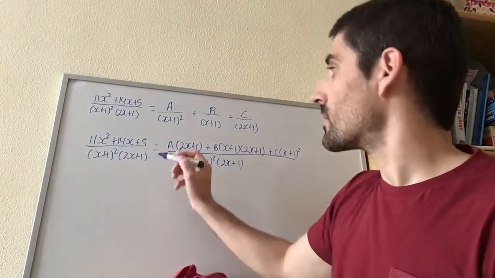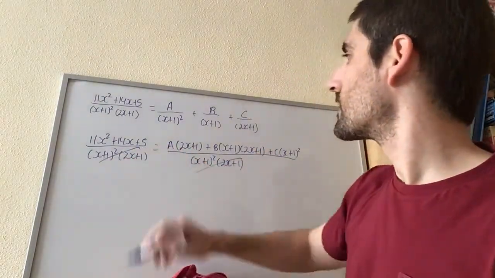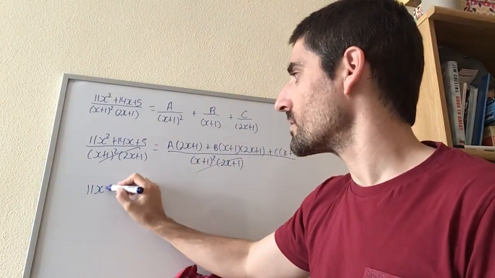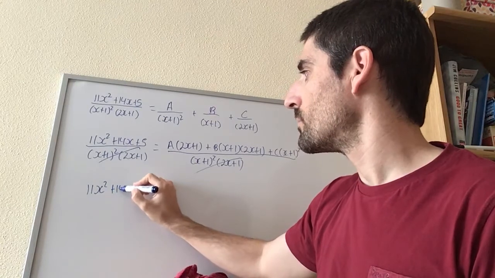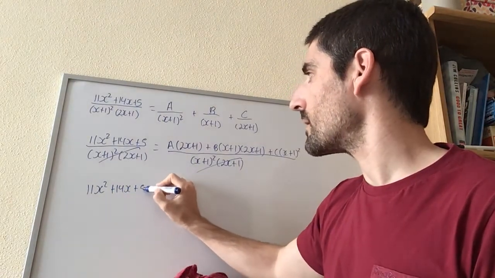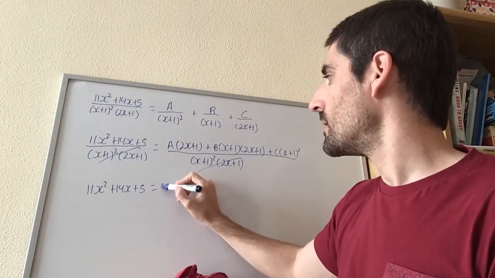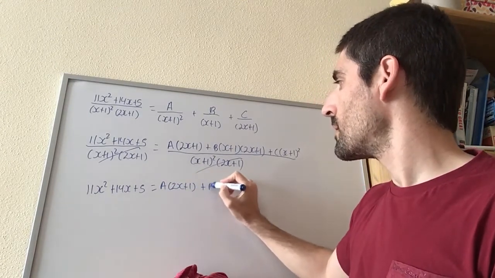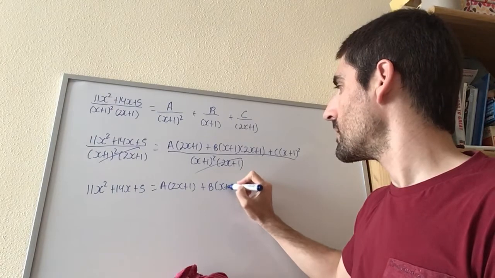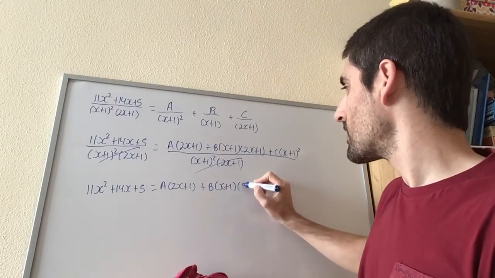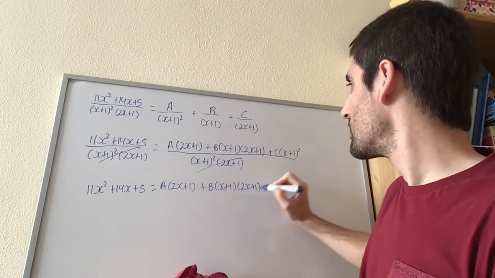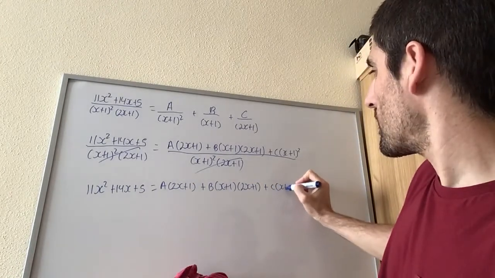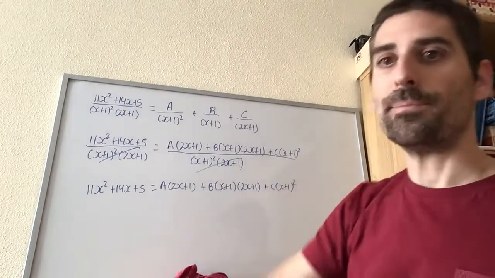Right, and then your common denominators cancel out, and I get my star equation: 11x squared plus 14x plus 5 is going to equal a times 2x plus 1, plus b times x plus 1 times 2x plus 1, plus c times x plus 1 squared.